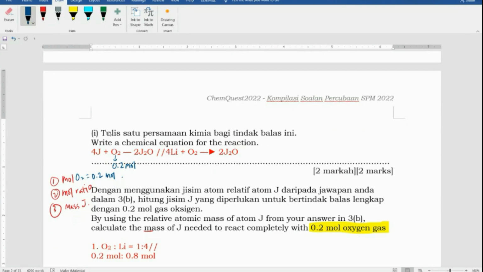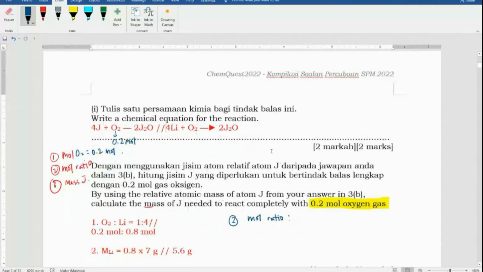So we can do the second one. Mole ratio. Here, 4 mole J produce how many mole of oxygen? 1 mole, correct?